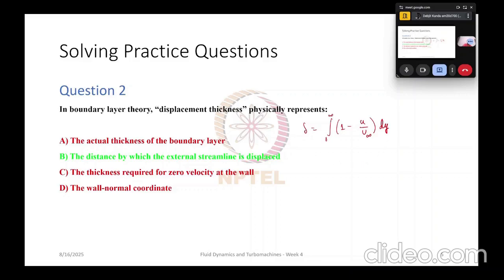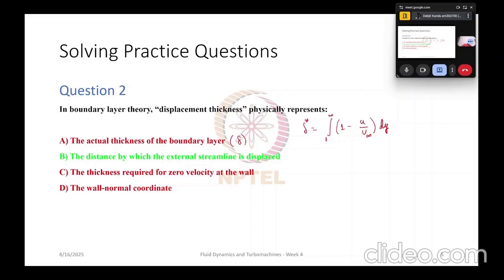Now, what this physically means is that, let's call this delta star, where delta is the actual thickness of the boundary layer, which is not equal to the displacement thickness, nor does it physically represent it.